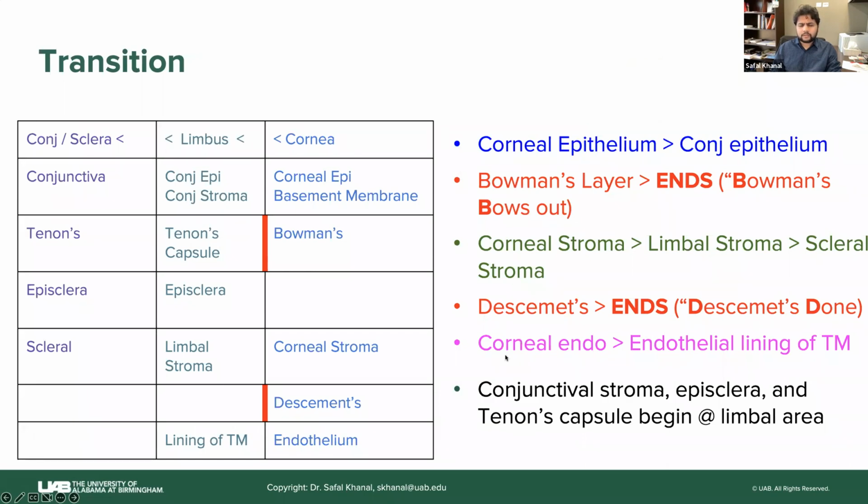And then your endothelium of the cornea continues to become the endothelial lining of the trabecular meshwork in the anterior chamber angle. And the structures that begin at the limbal area, limbus, are conjunctival stroma, episclera, and Tenon's capsule. So these are the structures that begin at the limbal area.